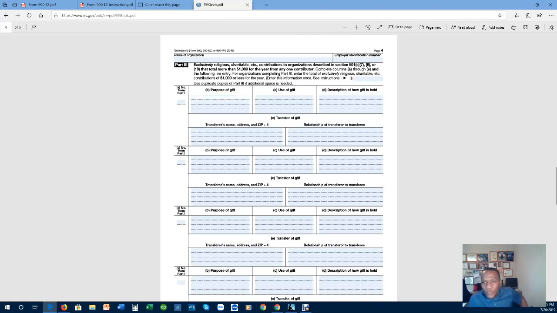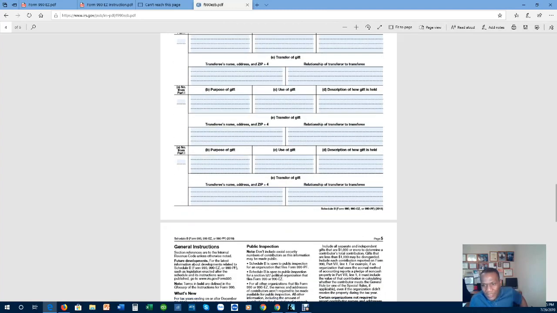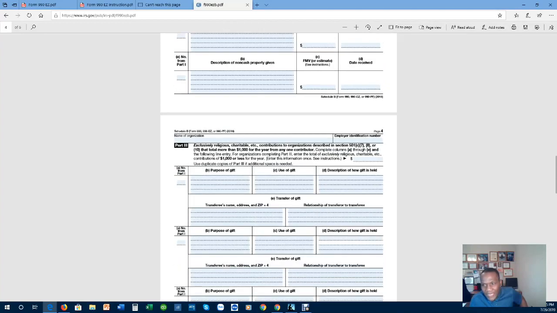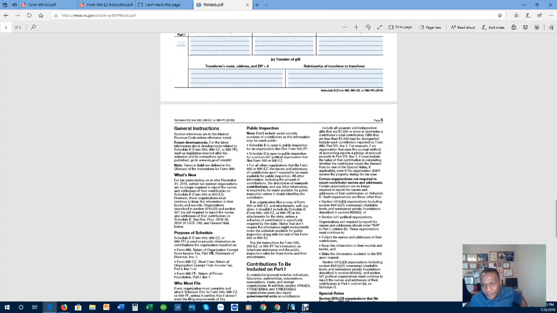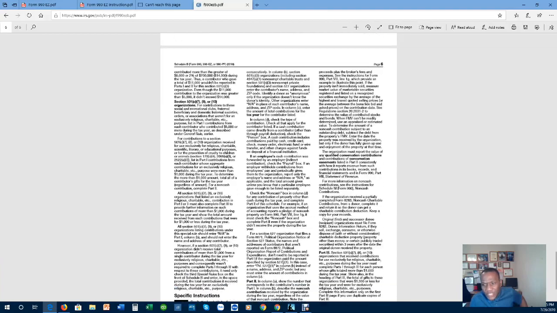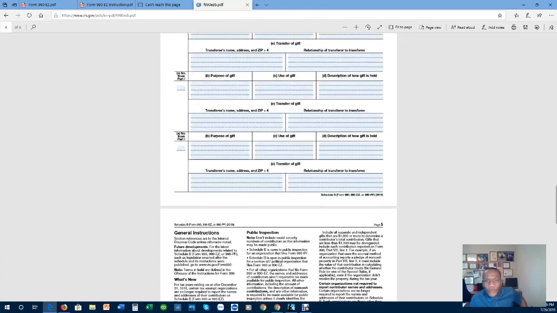So you will also provide a purpose for the gift, what the gift was used for, and describe how the gift is held, whether and how you maintain the books for that gift. You will list the purpose of every gift that you receive, if the gift again is more than $1,000. And then this is the specific instruction for that form so you can follow through.